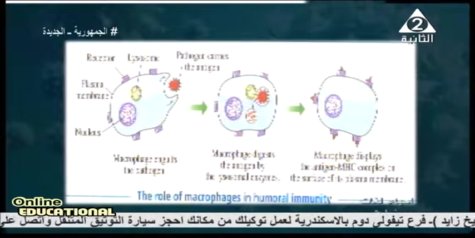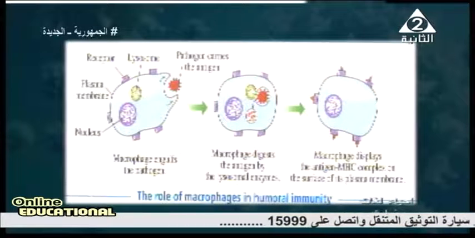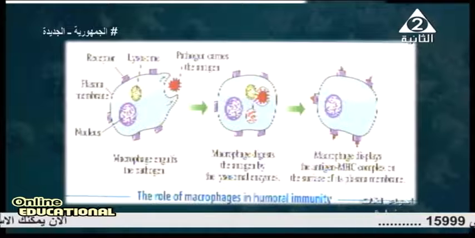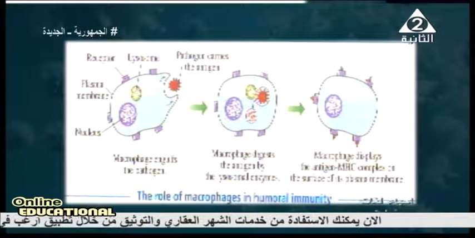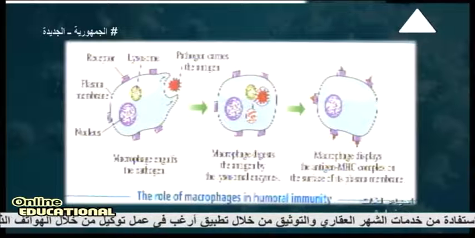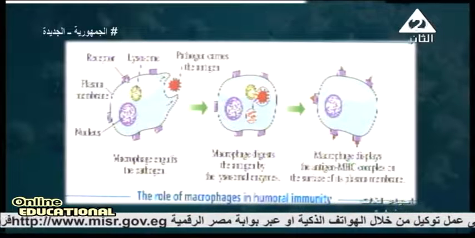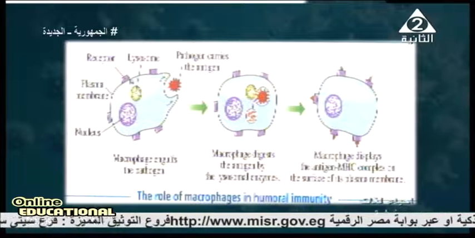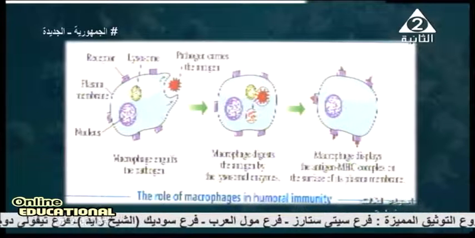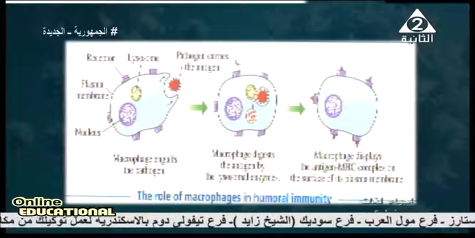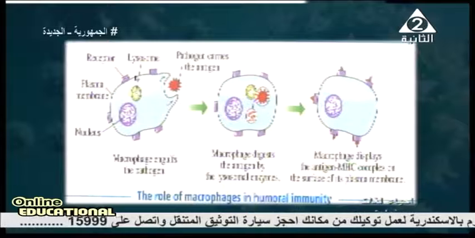The first, the role of macrophage in humoral immunity. This slide shows what we said in the last slides. Number one, this is the macrophage. This is the lysosome. These are receptors, found on the outside of the macrophage. After that, what happened to the pathogen? This is the pathogen which carries antigen. These are the receptors of antigen.